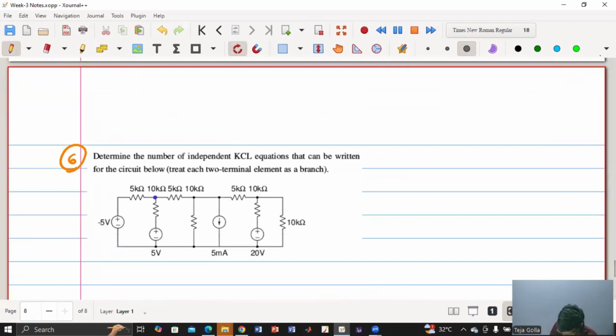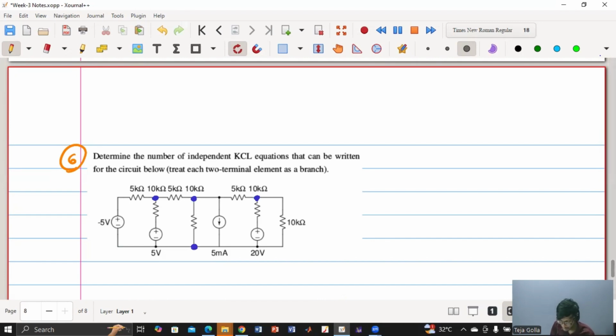Is this a node? Yes, sir. And this one? These two are a node, right? This and this are the same, a common node. And this is another node. And this is another node.